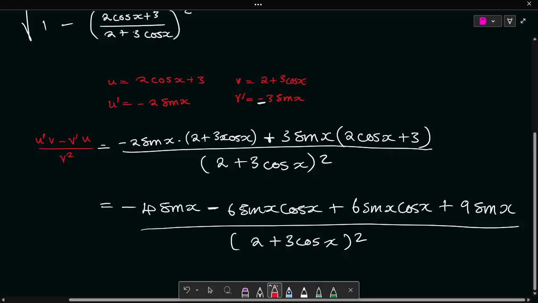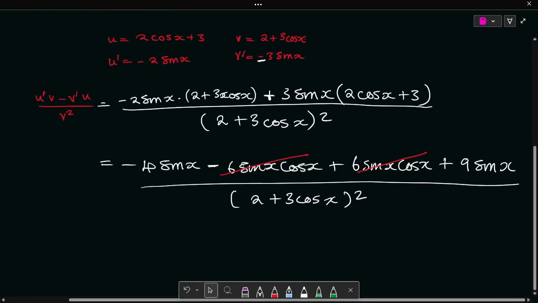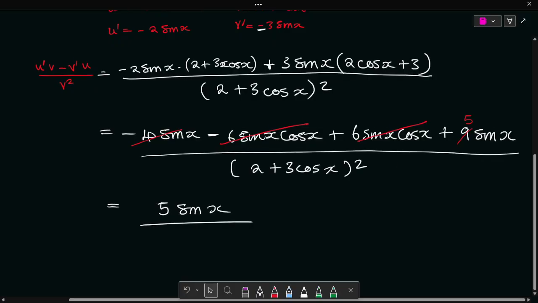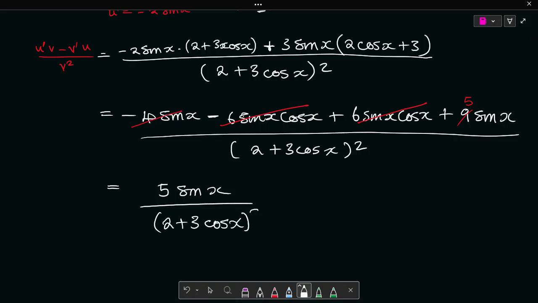Okay, so what you quickly notice is that this one and this one will cancel. What you're going to remain with is, in fact, even this one, when you subtract here, you remain with a 5 there. So it's just going to be 5 sine x over 2 plus 3 cos x squared.